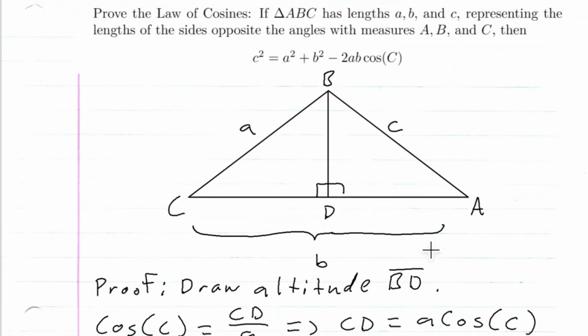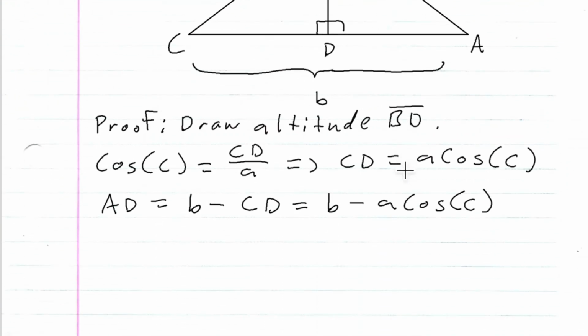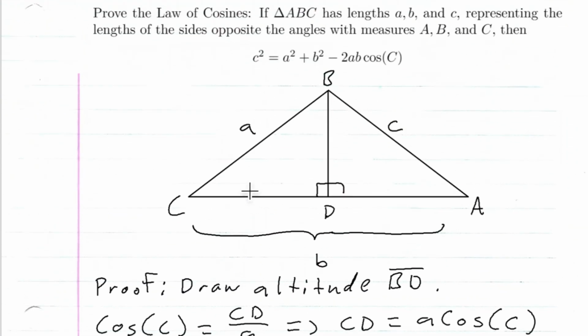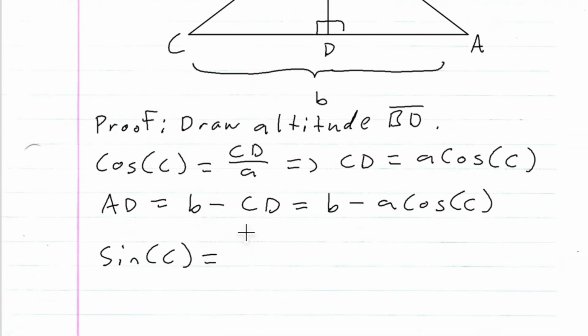Now, I'm going to try to find sine of C, so that way I can get my BD side for this right triangle, right? So I know sine of C is equal to opposite BD over a, right? So this will be BD over a.